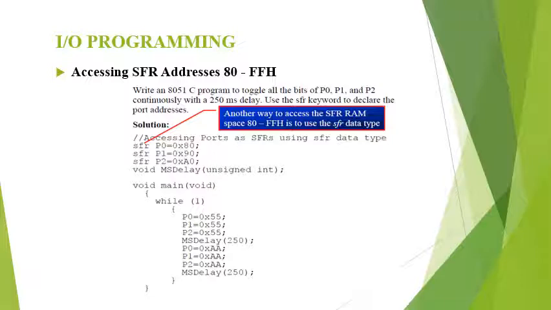Now the value of P0, P1, P2 is assigned AAH, and then again the msdelay function is called. So using these two values, that is 55 and AA, we can see the toggling happening between each bit of the ports.